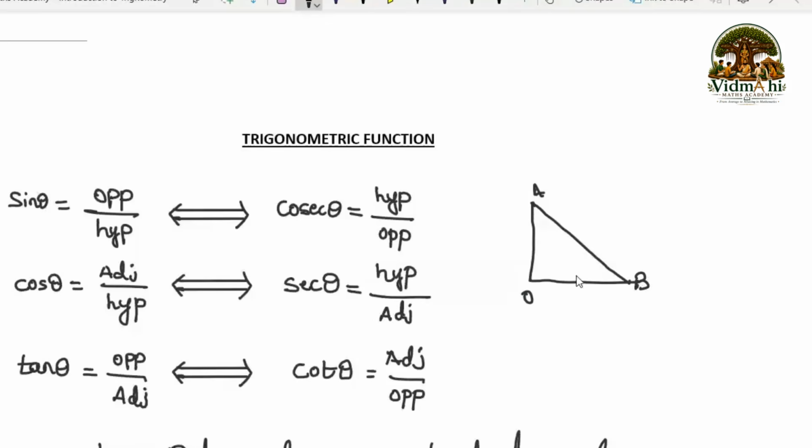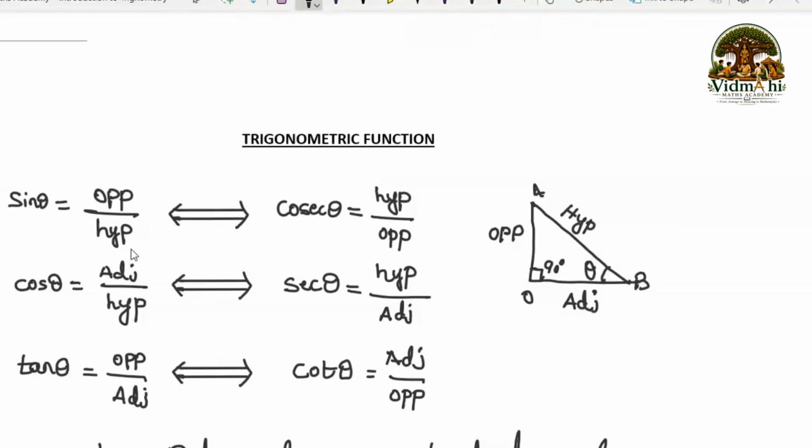So consider one right angle triangle. Here this is the hypotenuse side and this angle is 90 degree, so it is called a right angle triangle. And suppose we consider the angle theta here, so opposite to theta is called the opposite side and adjacent to theta is called the adjacent side.